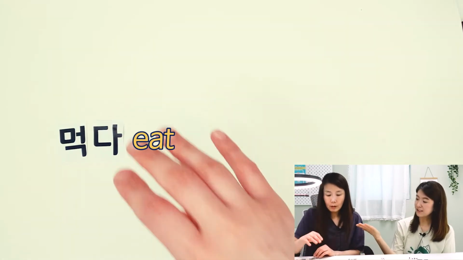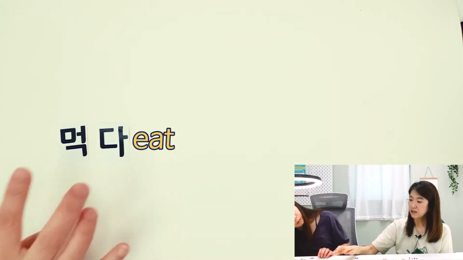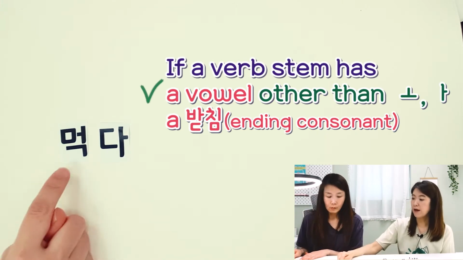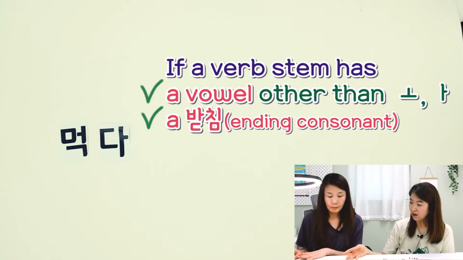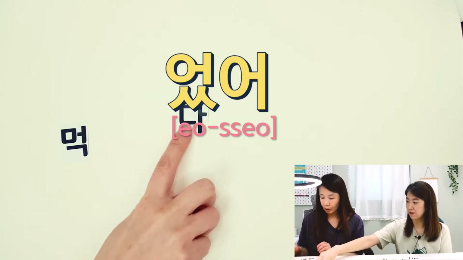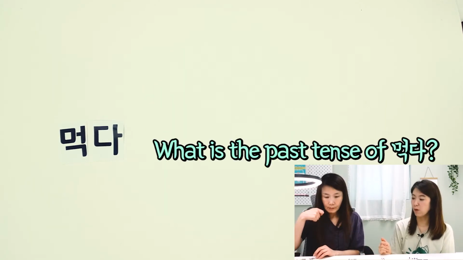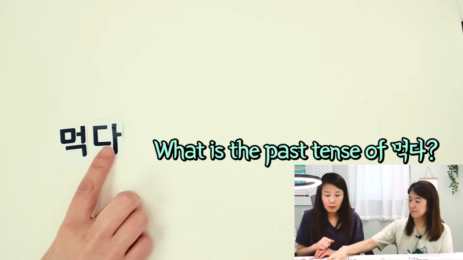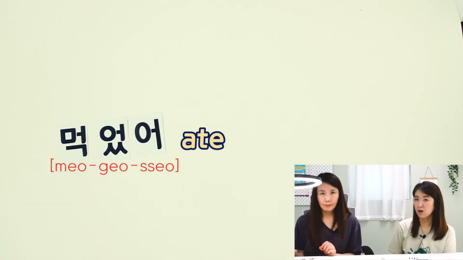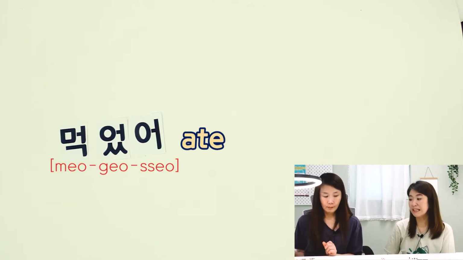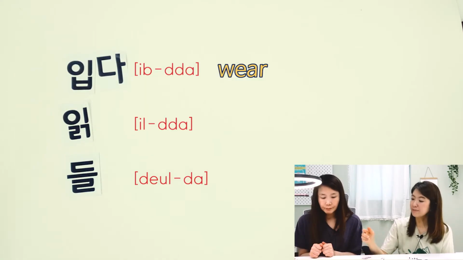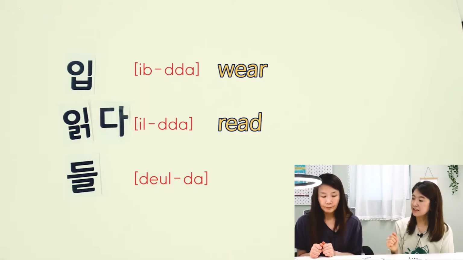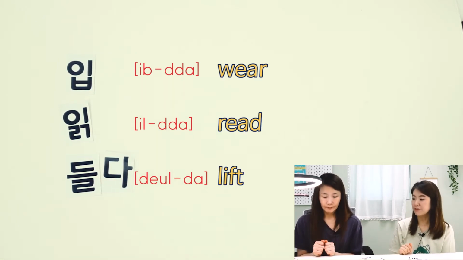Okay? 먹다 is eat. If a verb stem has a vowel other than O or A, then we put 었어. What is the past form of 먹다? 먹었어. 먹었어 is the past version of eat. Then we'll practice more examples like this. 입다 is wear. 읽다 is read. 들다 is lift.